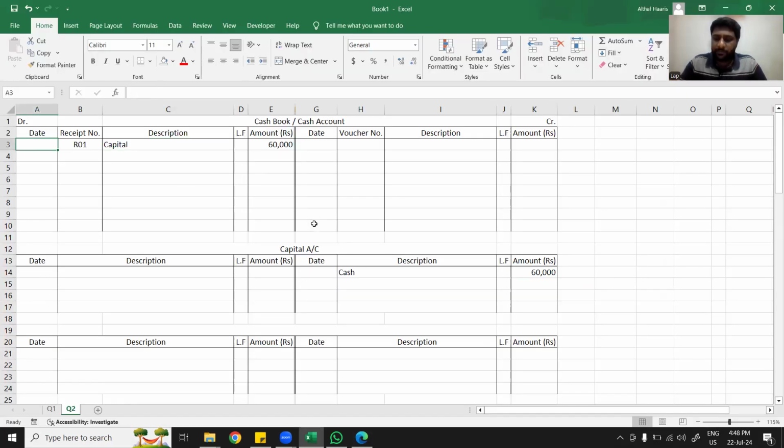Receipt number 1. Cash debit because your cash asset is increasing. Capital credit because your capital equity is increasing.